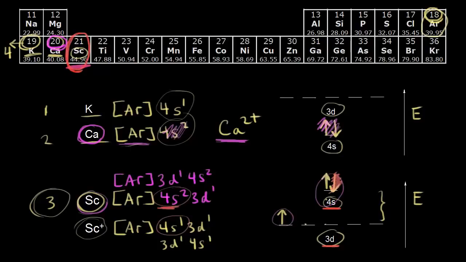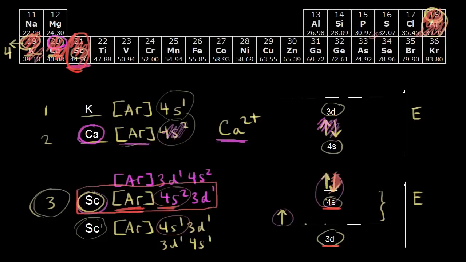If you're doing noble gas notation, the noble gas that precedes it is, of course, argon right here, and that takes care of the argon portion. Then looking at the periodic table, you would say, oh, this could be 4s1, 4s2, 3d1. So that gives you the correct electron configuration, argon 4s2 3d1.